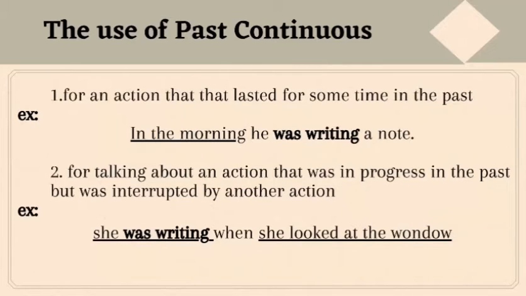And the second usage is for talking about an action that was in progress in the past, but was interrupted by another action. For example, she was writing when she looked at the window. So the first action is the action that was happening, and the second action is the interrupting action. So that's all for the past continuous.